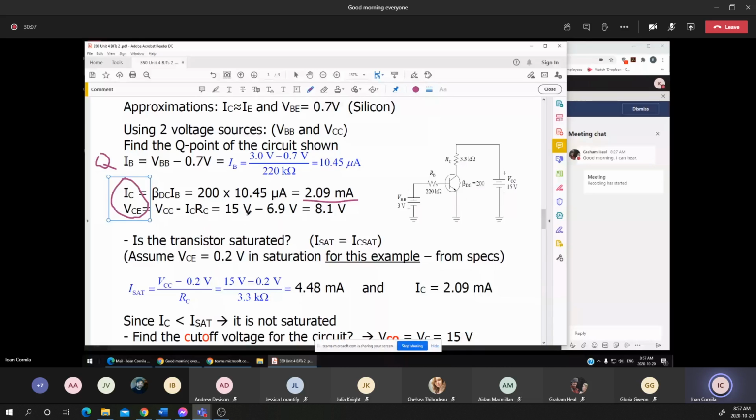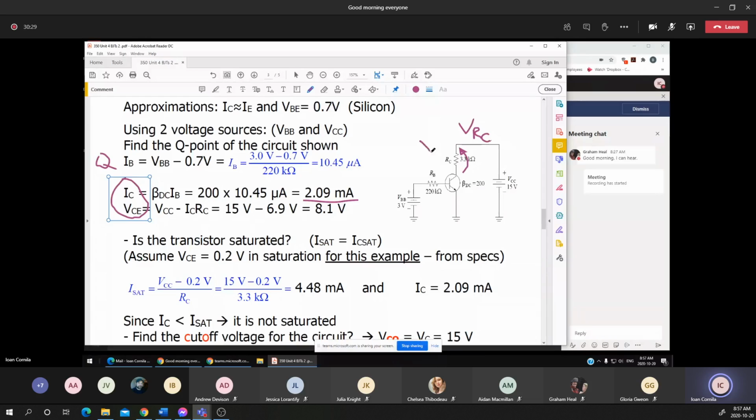From this equation, we can determine the VCE is the VCC, or the applied voltage, minus the voltage drop across the collector resistance. I will label that as the VRC to avoid any confusion between the VC and the VRC.